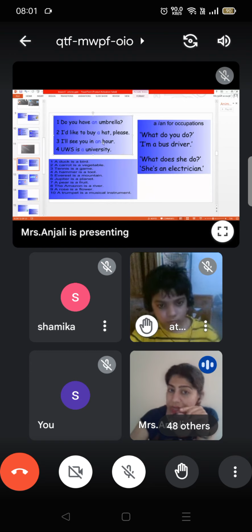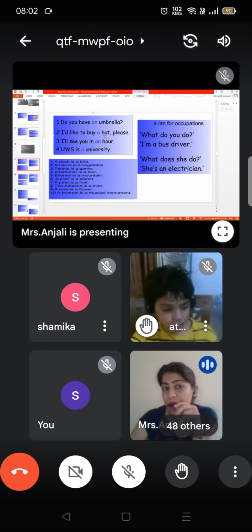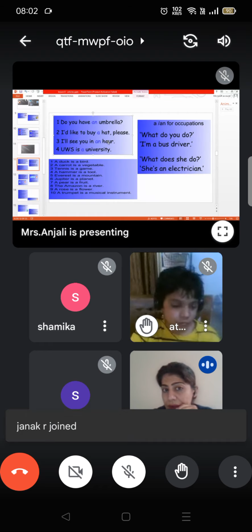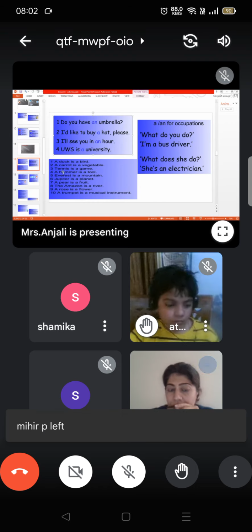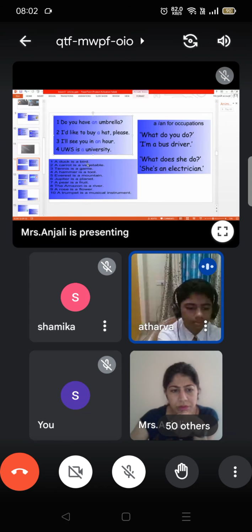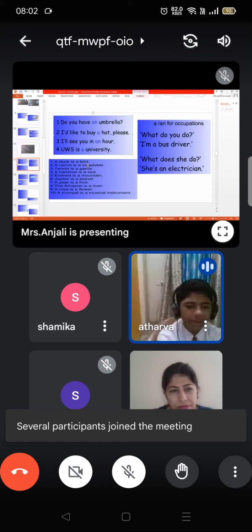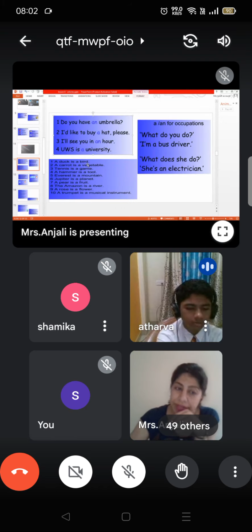Okay, H is a vowel sound, but if you see hat, it is not a vowel sound, so I would like to buy a hat. Umbrella, U, vowel sound, an. Okay, duck is a bird. Ma'am, it is dependent on sound and not on the letter, no? Yes.